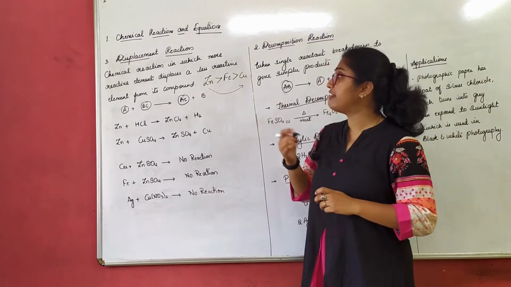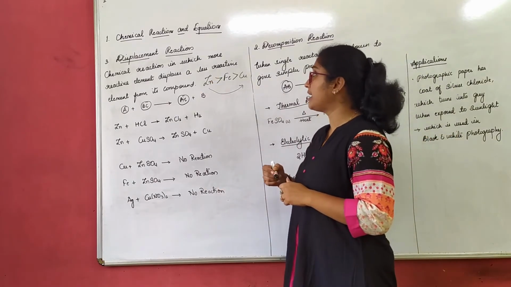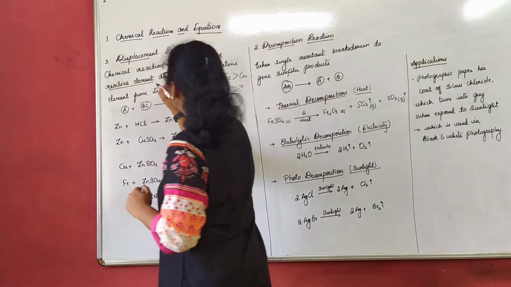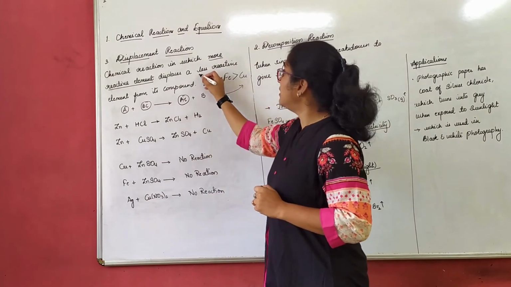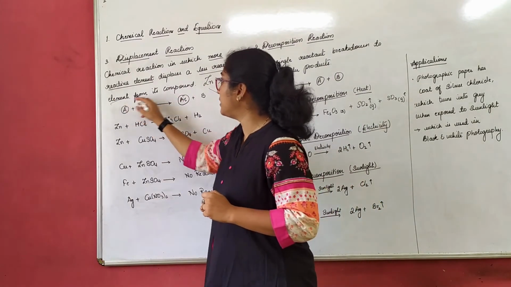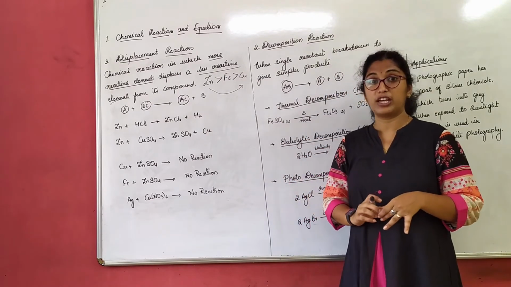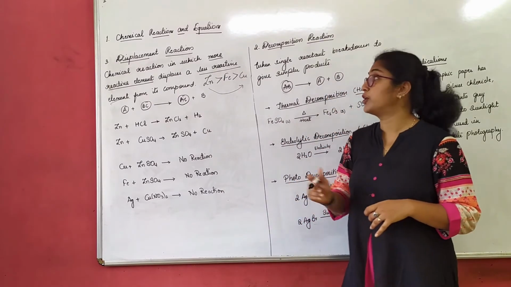Now let us see the definition. A chemical reaction in which a more reactive element displaces a less reactive element from its compound is called a displacement reaction. The words are very important here.